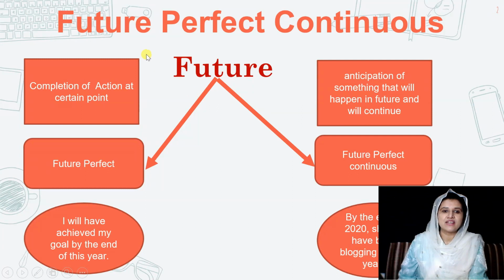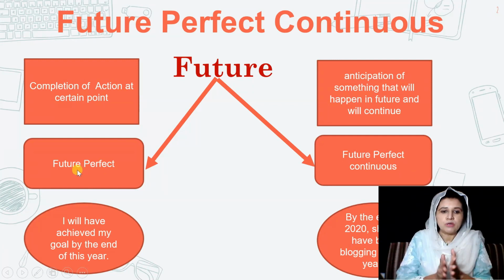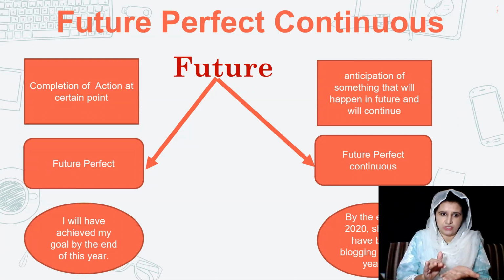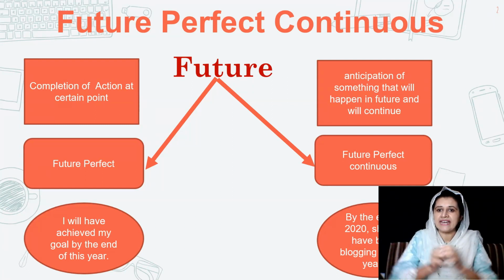Okay, in order to understand future perfect continuous tense, first of all we need to see the difference between future perfect and future perfect continuous tense. Future perfect tense talks about any action that would complete at a certain point in future. On the other hand, future perfect continuous tense anticipates something that will happen in future and most probably it will continue.